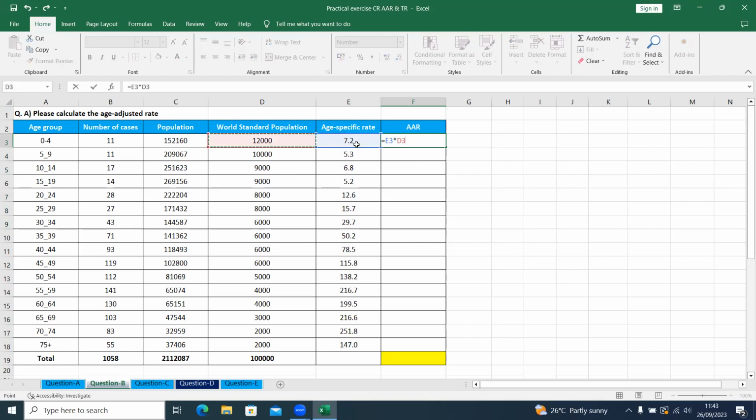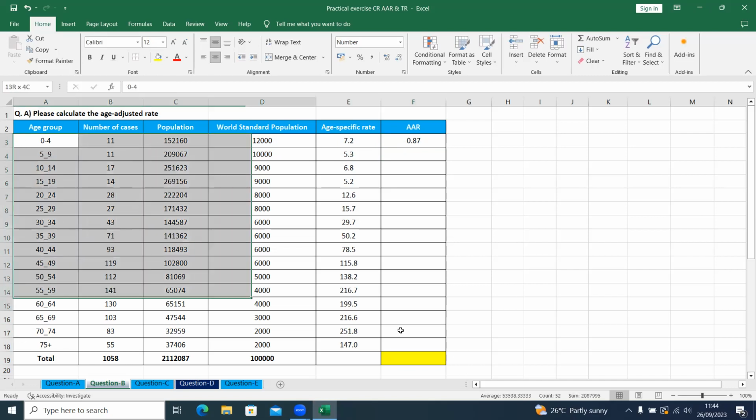Suppose the age specific rate of the 0 to 4 age group is 7.2 and the world standard population of the age group 0 to 4 is 12,000. Clear? Divided by 1 lakh, 100,000. Press enter. This is the step. We need to do this calculation for all age groups.